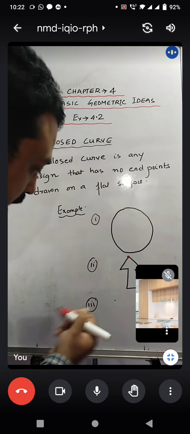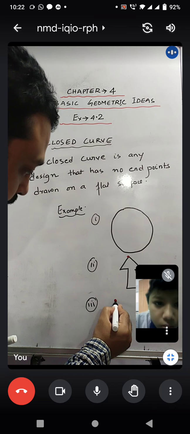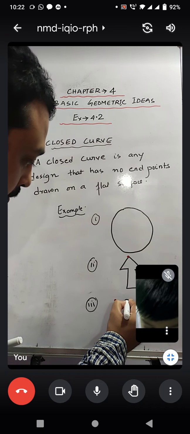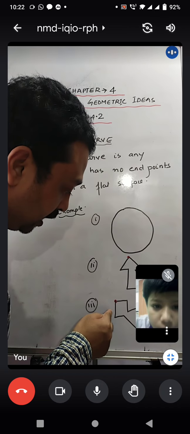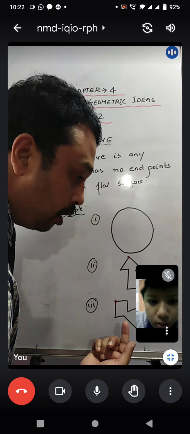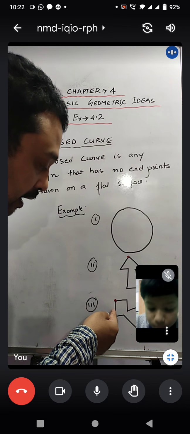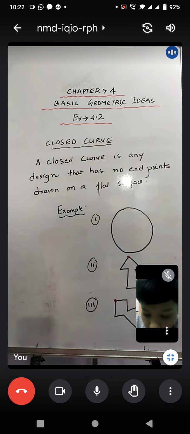I want to give a red mark. So I am going to start from here. See, this is also a closed curve. So a figure which you draw without lifting a pen and you return back to where you started, all these figures will be termed as closed figures.